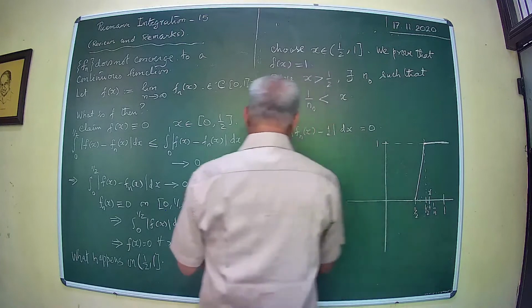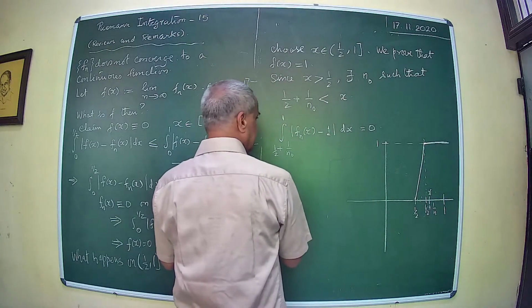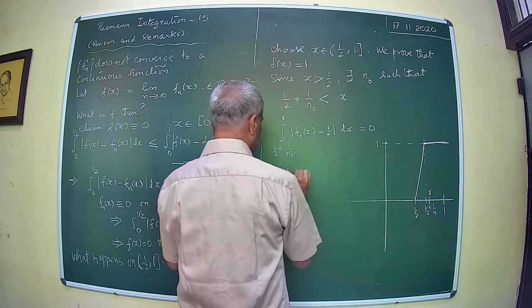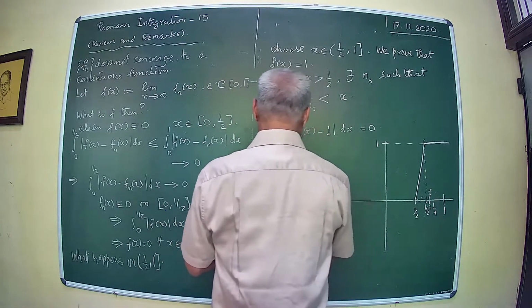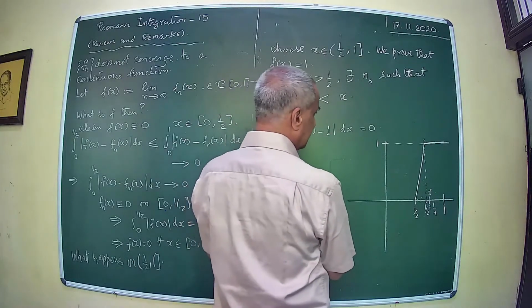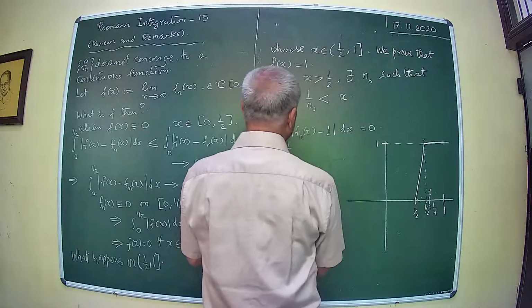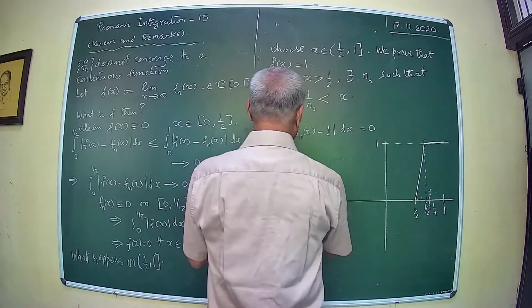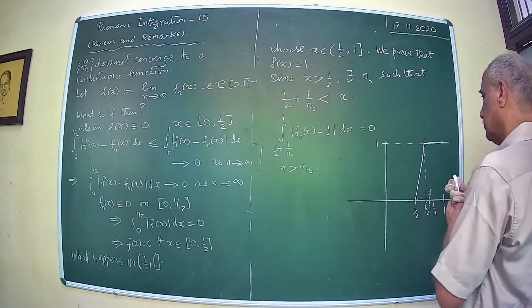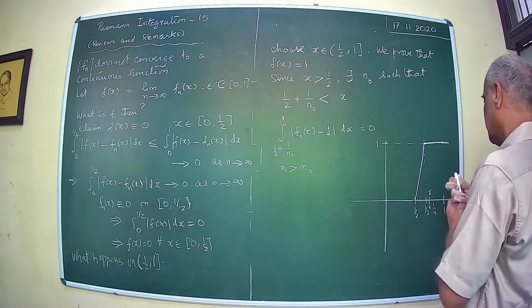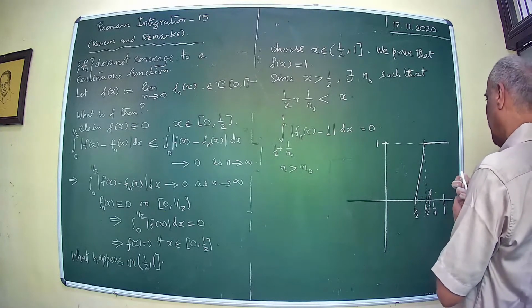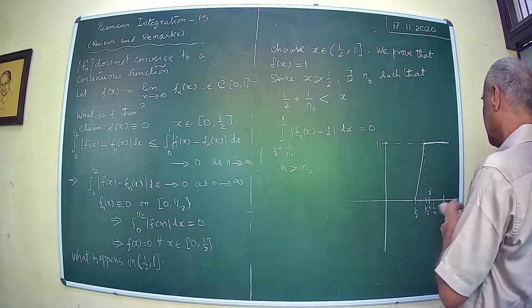So if n is greater than n naught, then what happens? 1/2 plus 1 by n is less than this.